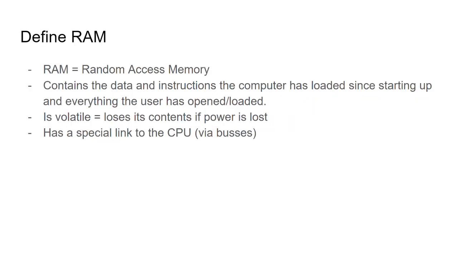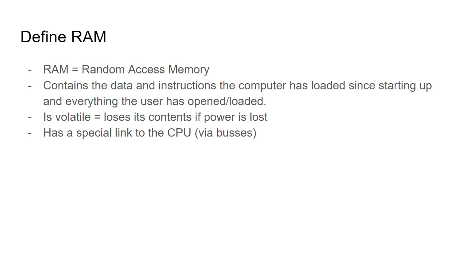Now RAM, random access memory, contains the data and instructions the computer has loaded since starting up and everything the user has opened or loaded. Anything that we put in, the user, we have loaded since the starting up, it was RAM.